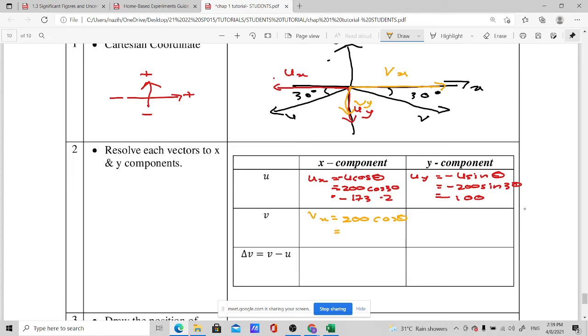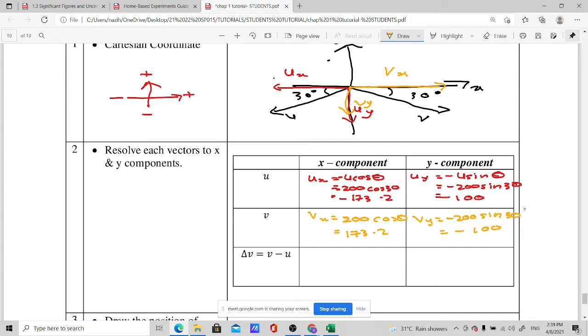The value would be 173.2. For your Vy, that would be downward, so downward, and the value is the same. Negative 200 sine 30, so the value would be negative 100.